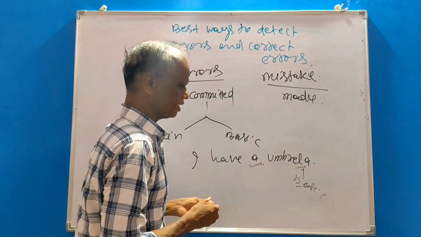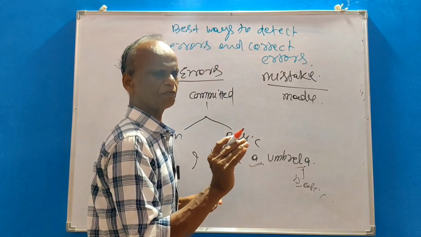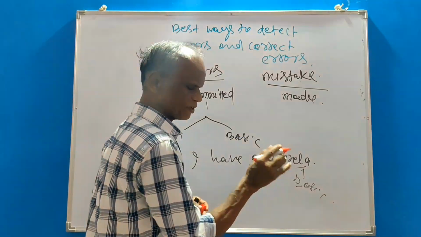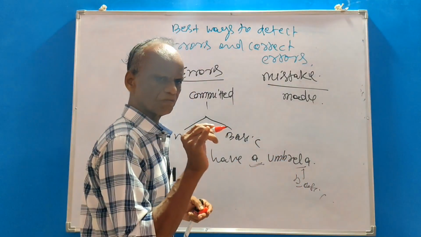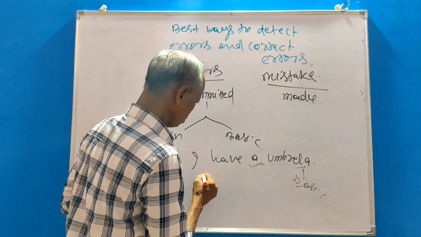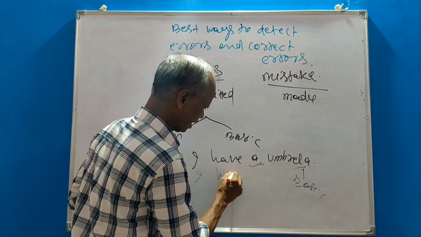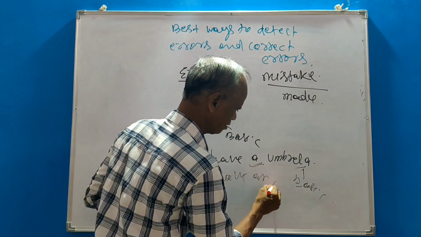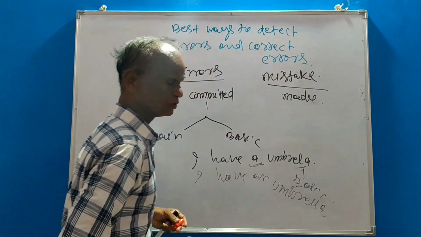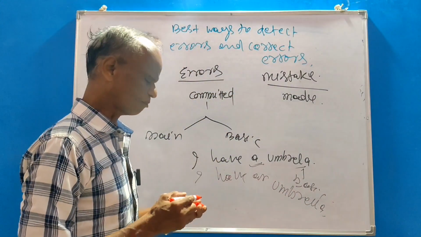Basic errors occur mainly up to class 7. So at the primary level, children commit basic errors. So I have an umbrella. Okay. So errors are committed.